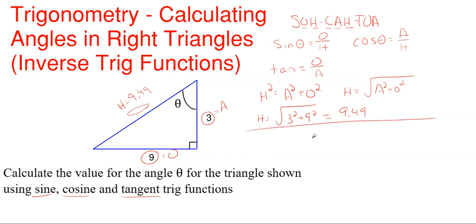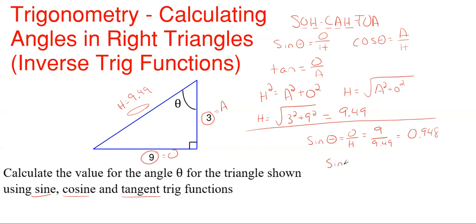Let's set up the first one. Sine of our angle is equal to the opposite over the hypotenuse, where our opposite is 9 and our hypotenuse is 9.49. This 9 over 9.49 is equal to 0.948 in decimal form.